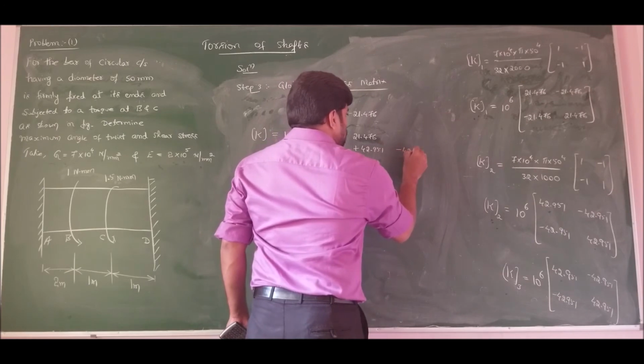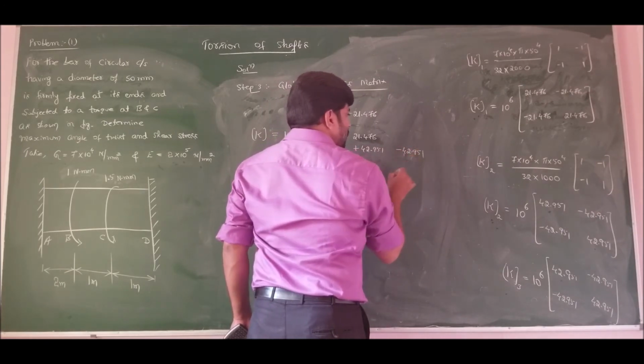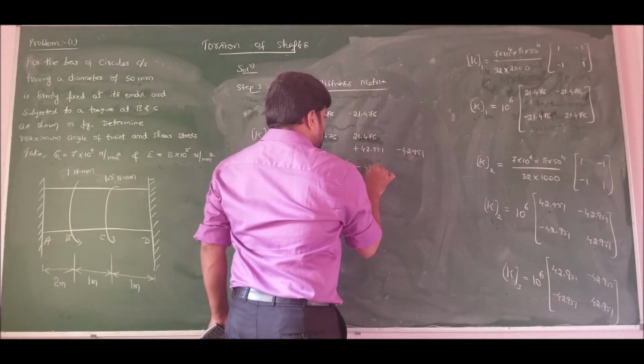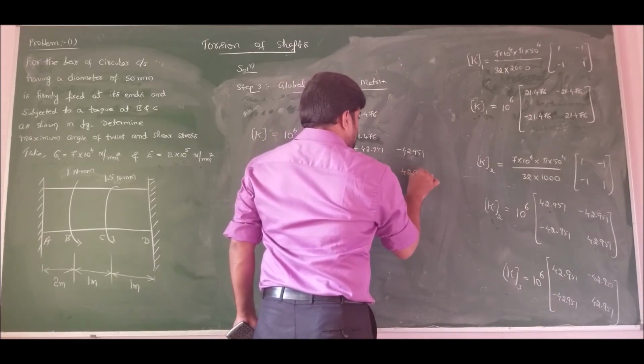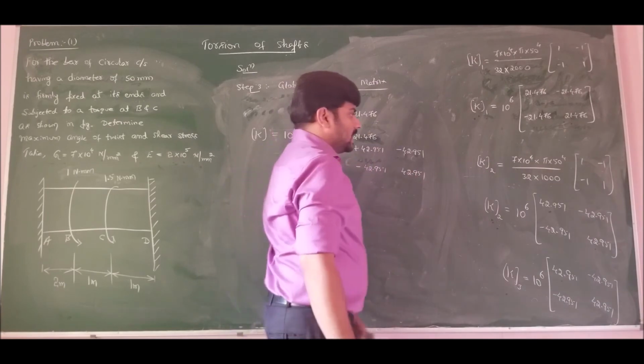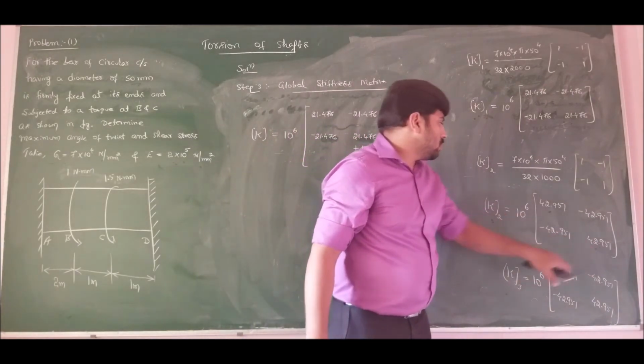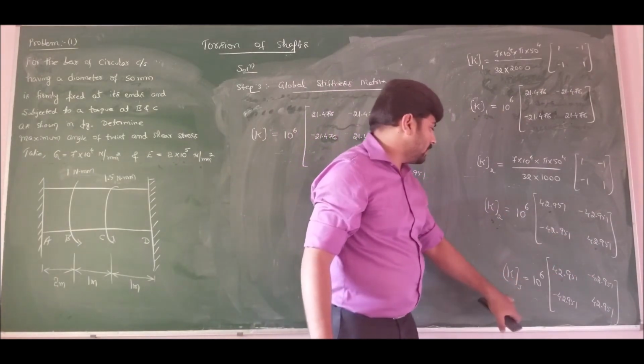42.951, minus 42.951, minus 42.951, 42.951. Next is adding K22 of element 2 with the K11 of element 3.